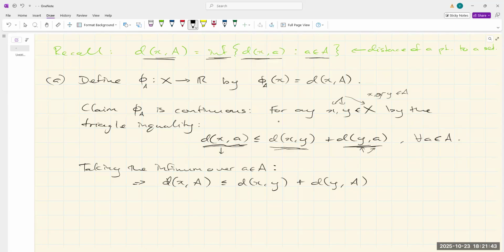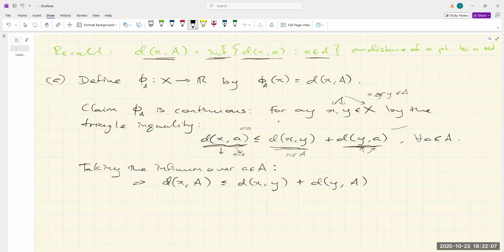Well, yes, but if you think of it, let's just say x happened to be an element of A, and I'm taking the infimum over all points in A, then I could just set a equal to x, and the left-hand side will be 0.